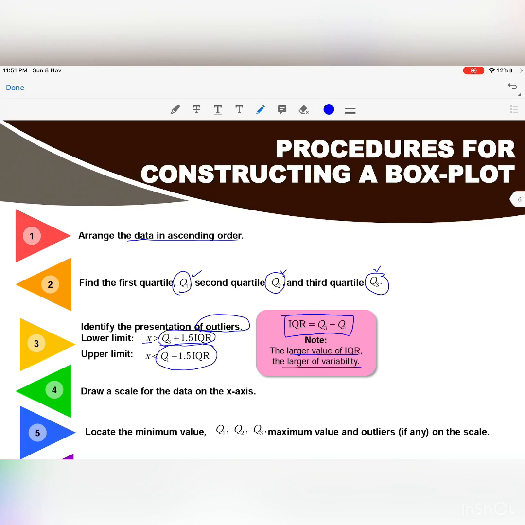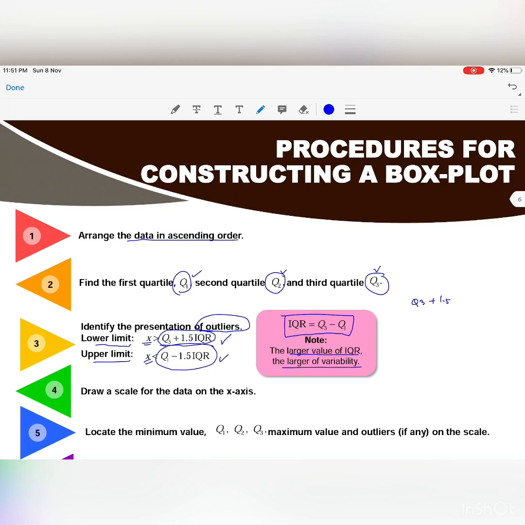Then compare with your data, where X is a data value. Is there any data greater than the upper limit, or is there any data lower than the lower limit? If there is, then that is an outlier.